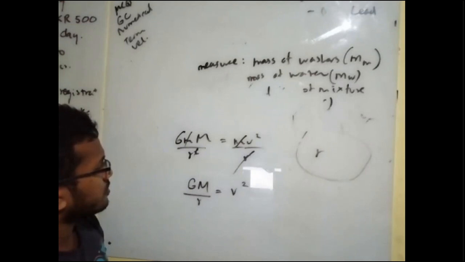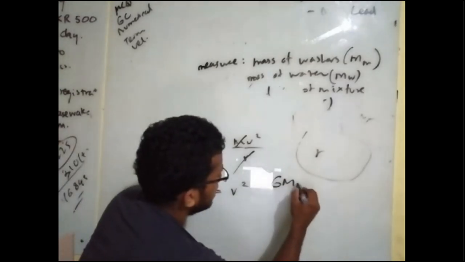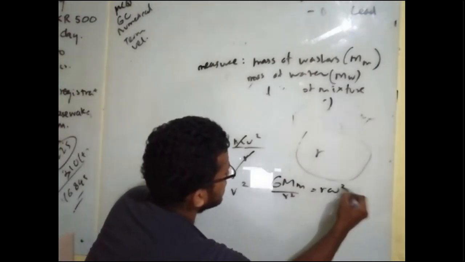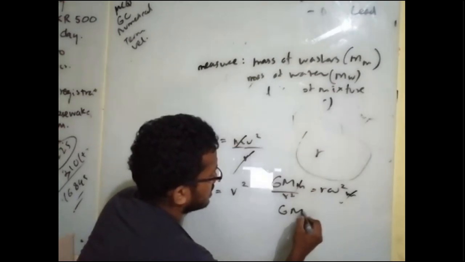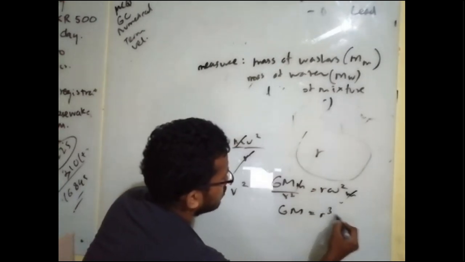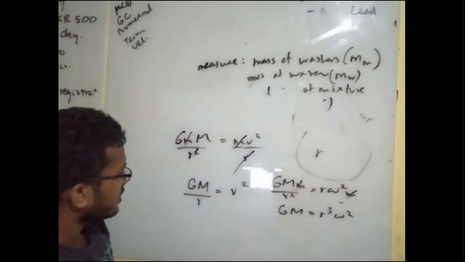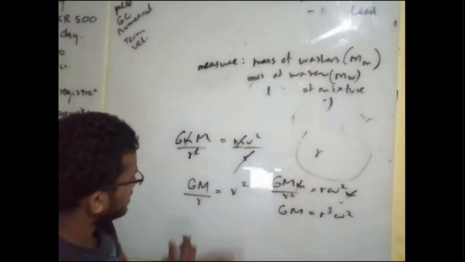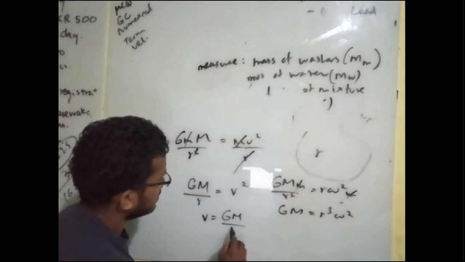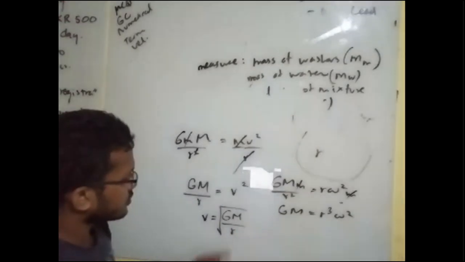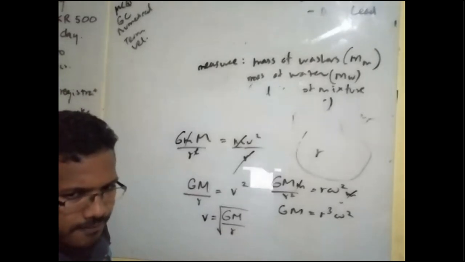We can obtain omega squared and some nice equations from which we can see that the velocity is inversely proportional to the square root of the radius, right?